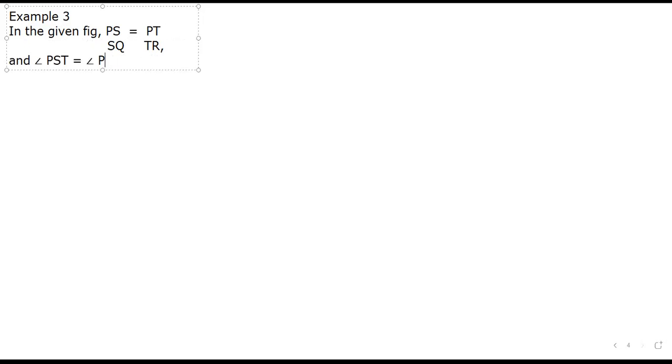Prove that PQR is an isosceles triangle.